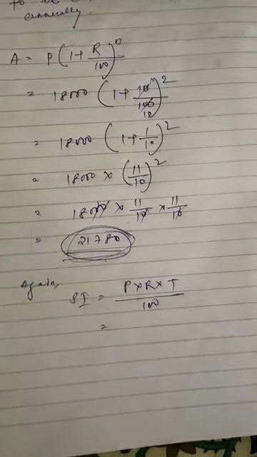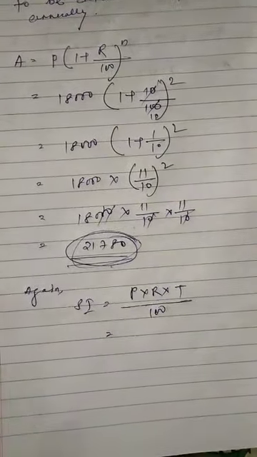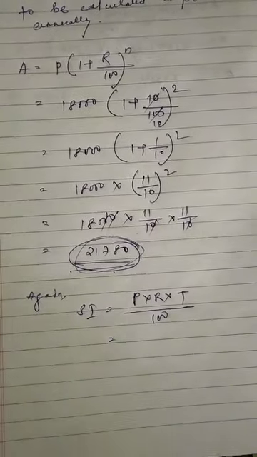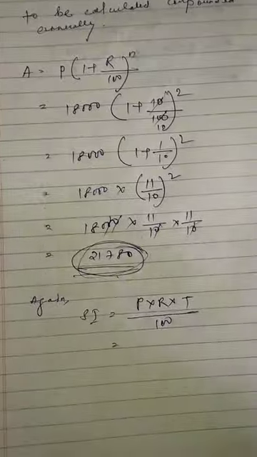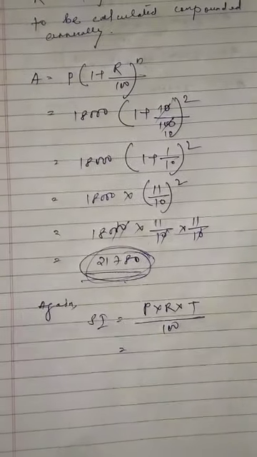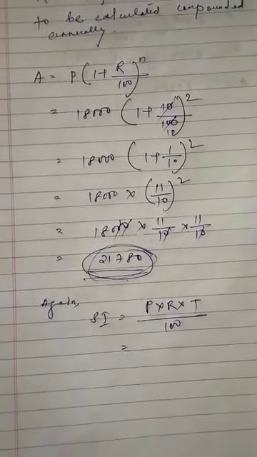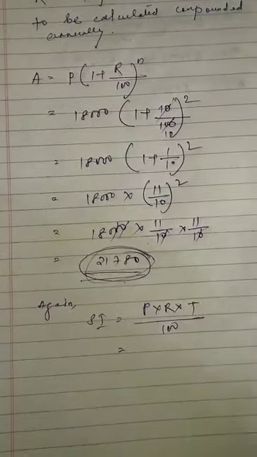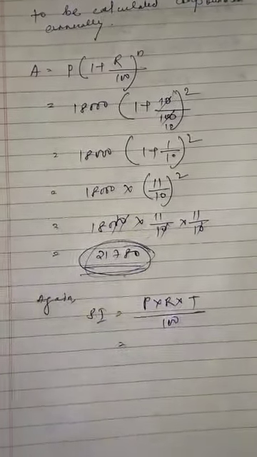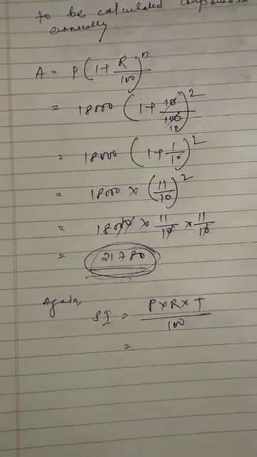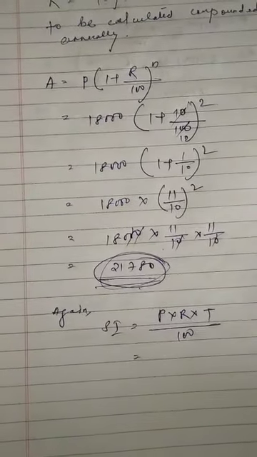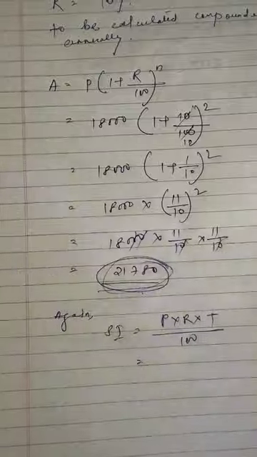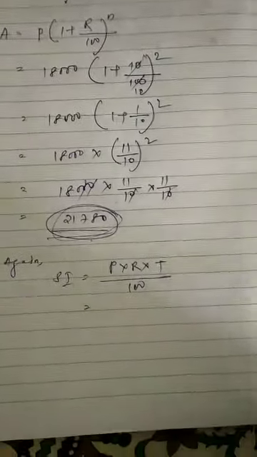Children, I'm going to repeat once again: 21,780, which I just got by using the compound interest process, will be taken as the principal for simple interest of the half year. Let us try that.